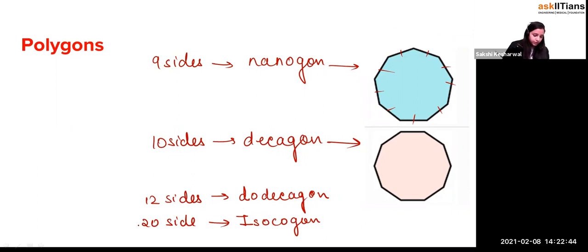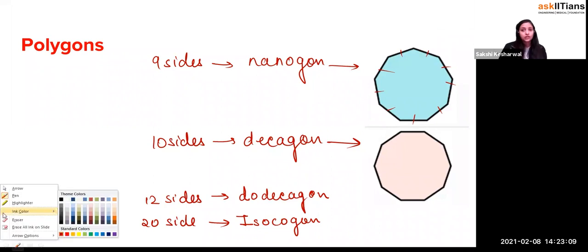Let me get the spelling correct. Yeah, it's icosagon, right? That's the spelling mistake I was thinking. There's some spelling mistake I did.